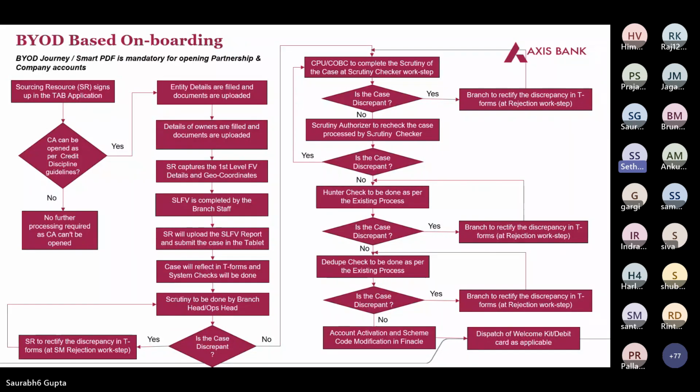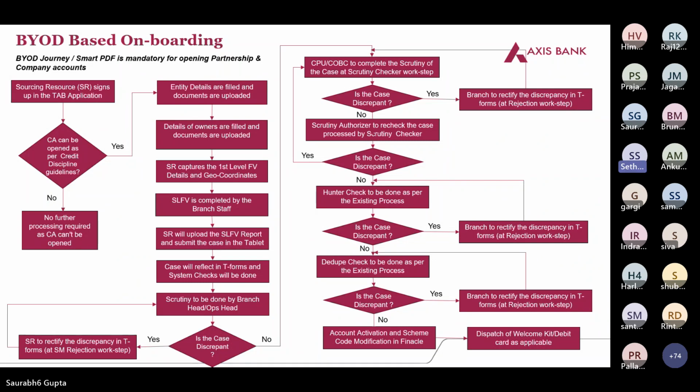In case the Hunter check finds a match, it will again be sent back to the branch head to give clarification on whether they have done the extra due diligence to verify that this customer does not have such negative ramifications.